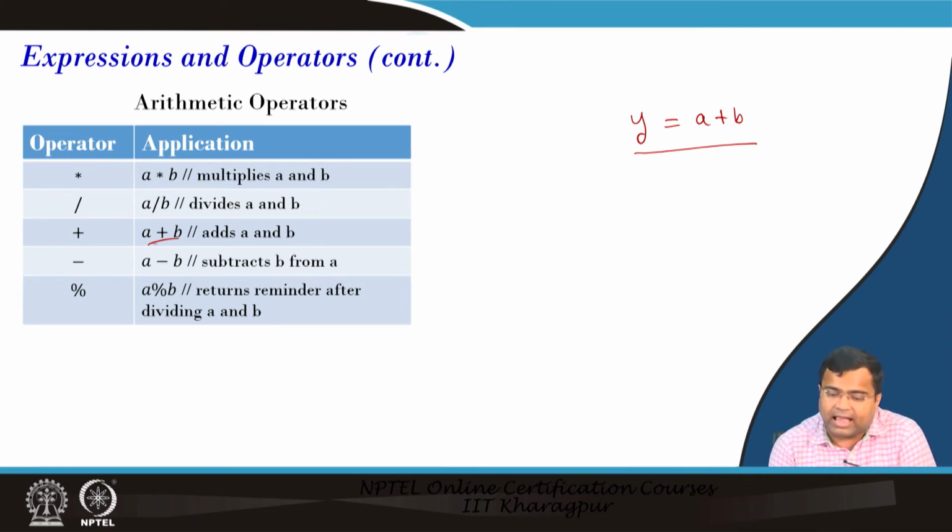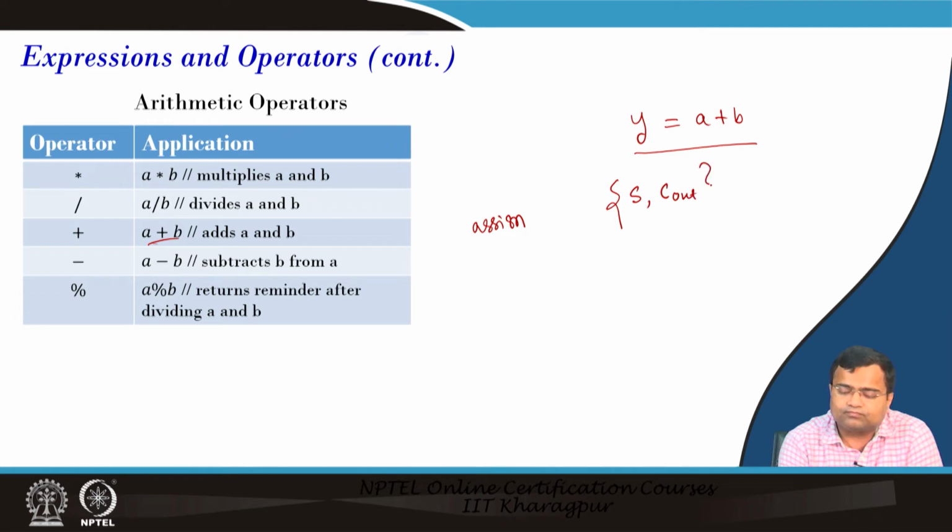It can be shown that if you write assign, sum comma C out is equal to a plus b, the two numbers, which gives the resultant.